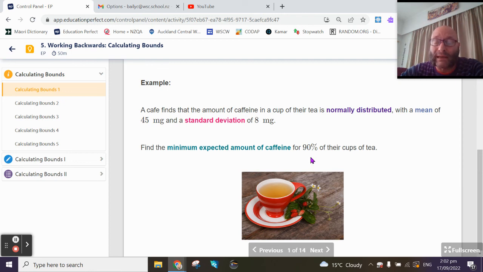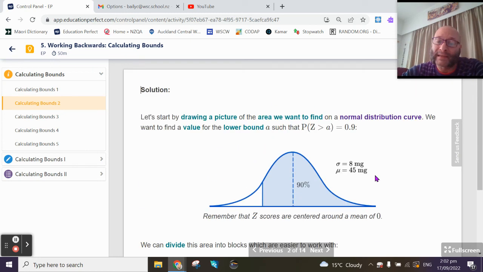So whenever you are given the probability and you're looking for an X value or the standard deviation, etc., that's going to be what's known as an inverse problem. What that means is, we wanted to find the minimum amount of caffeine for which 90% is above that.